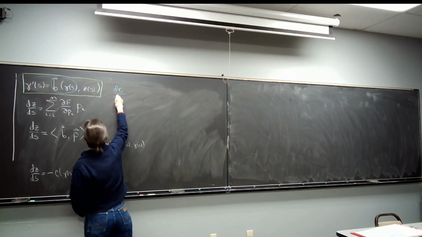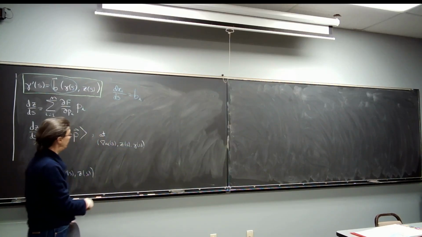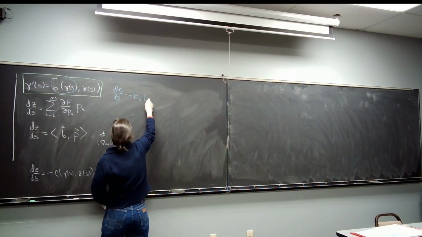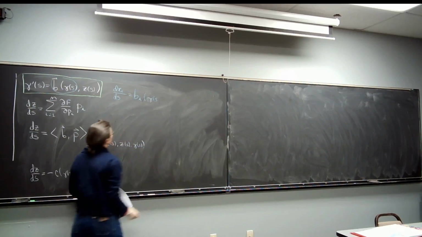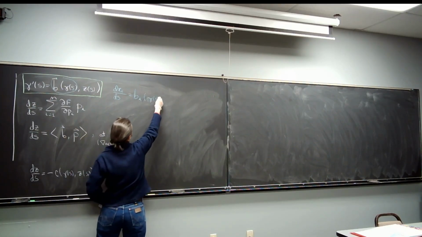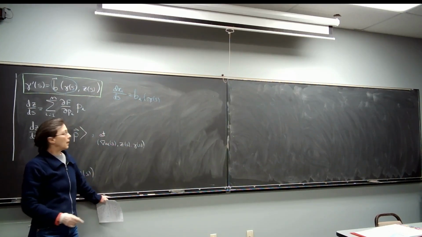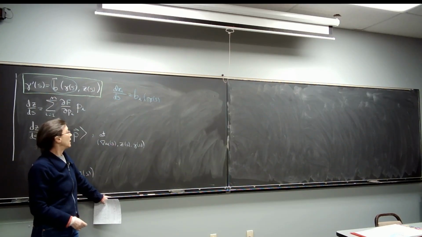So written in components, it's this, right? In the linear case, bi involved just the variables x1 through xn.